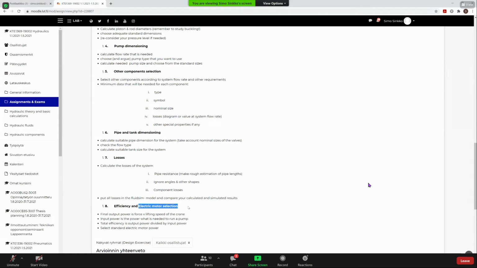So I don't accept that you would select some ABB motor or something like that. No, this is not the case, you just need to calculate how much power you would need to rotate this hydraulic pump.